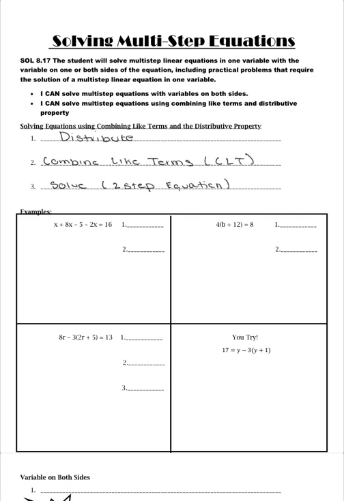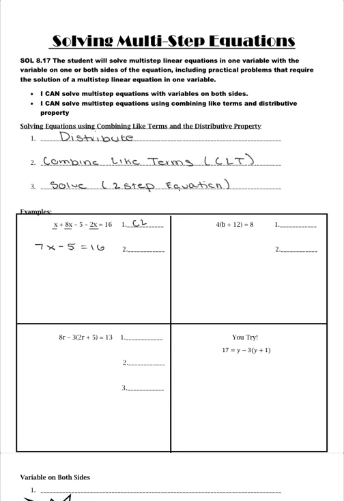All right. So the first example, I have x plus 8x minus 5 minus 2x equals 16. Here I don't have to distribute. So now let's look at what like terms I have. I have x, positive 8x, and negative 2x. When I combine those together, I get 7x minus 5 equals 16.